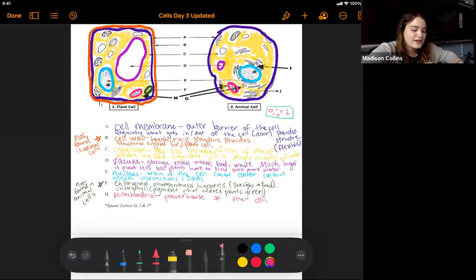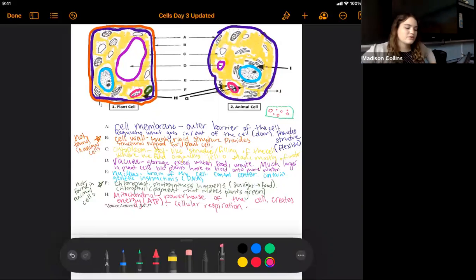And when I say it's the powerhouse of the cell, I mean that it creates energy. Specifically, the type of energy it creates is ATP, okay? And you don't really need to know this yet, but the process by which it creates ATP is called cellular respiration. Okay, so mitochondria gives us energy through cellular respiration, and this is found in both plant and animal cells.